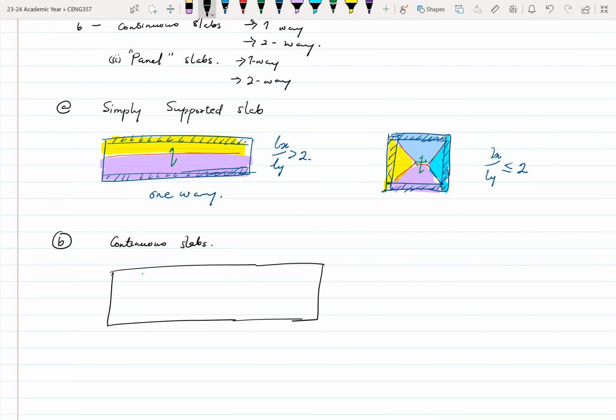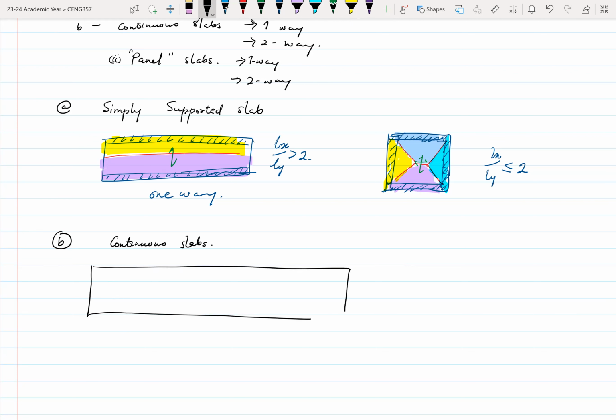Okay, all right. So let's say this is a slab with a series of beams. Yeah, so we have these beams. We also have these long beams going all the way to the end.